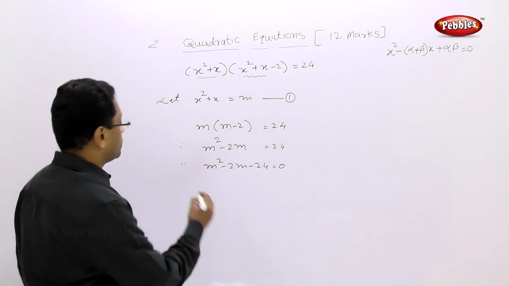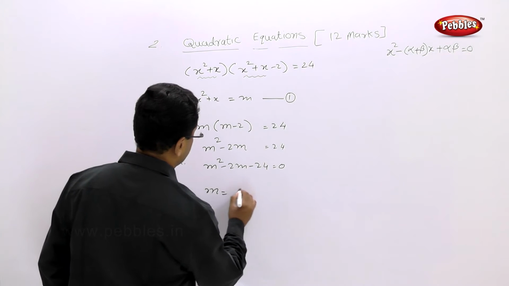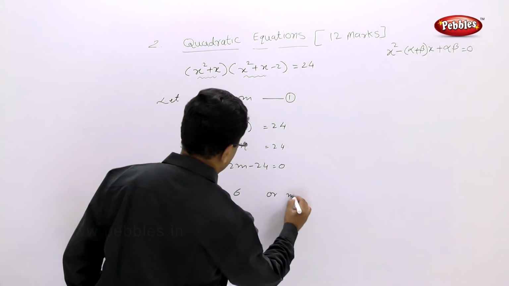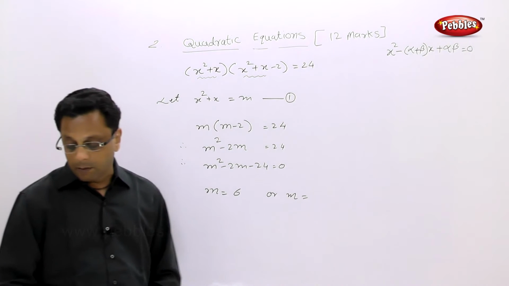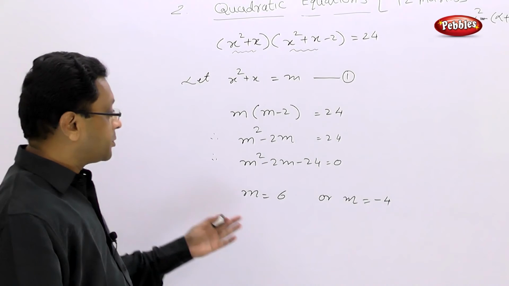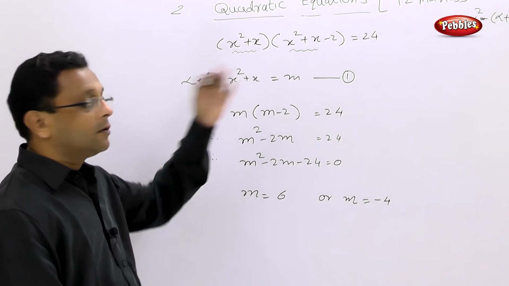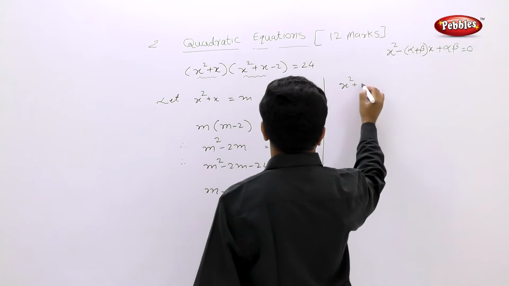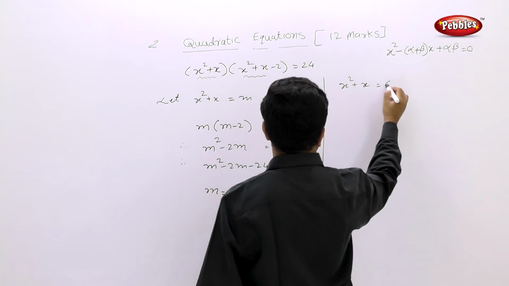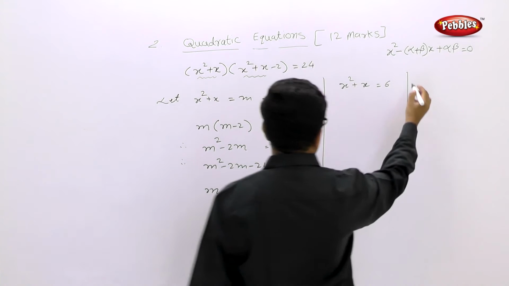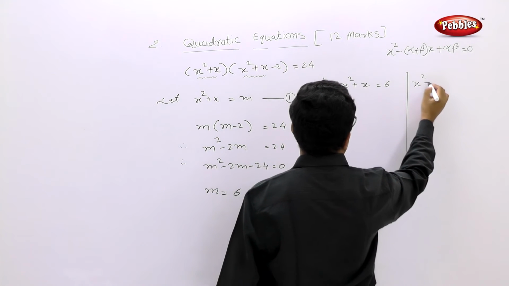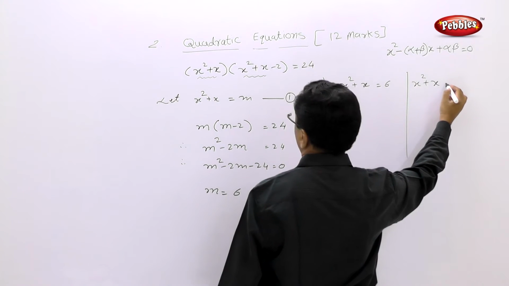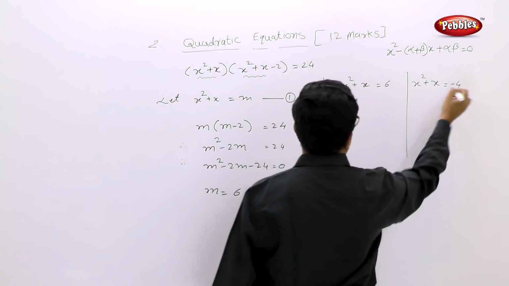Now here m is 6 or m is minus 4. Now substituting these values in equation number 1, what will you get? x square plus x is equal to 6 and x square plus x is equal to minus 4.